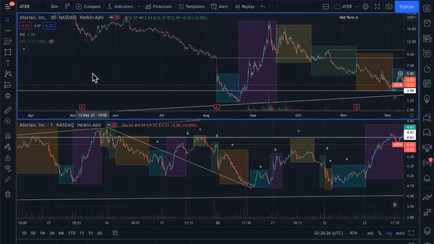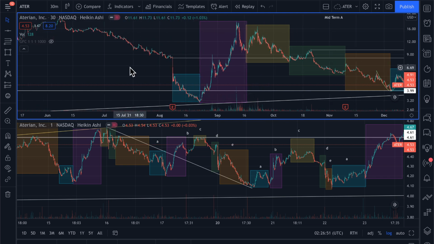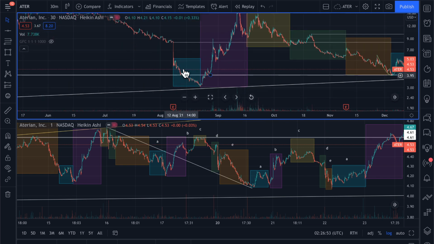At first, I wasn't really sure whether or not we could consider this entire thing the M, or if this whole part right here should be considered part of the M. But again, I believe the M is predominantly the bottom of the move, and it does sometimes seem to appear perhaps on the side of a move, but the way that I'm interpreting this is that you do have an M here, and I don't think we should overcomplicate it in this case.